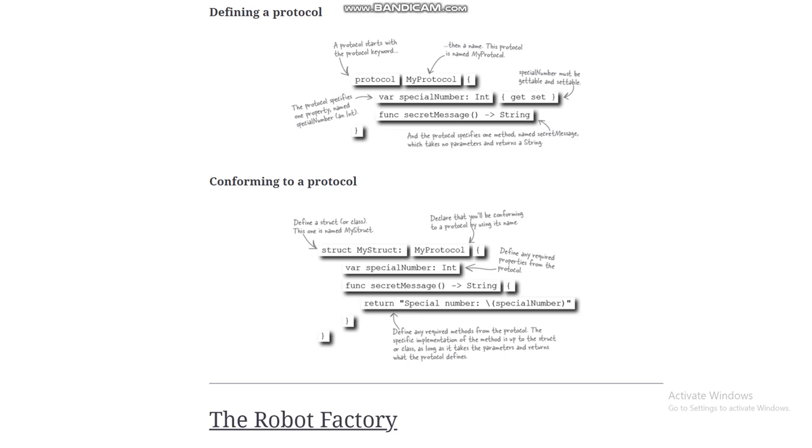You are unable to inherit from another struct, right? But you are able to adopt protocols in a struct. So it means that you can implement it in that kind of struct, right?